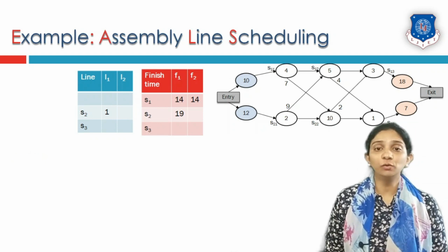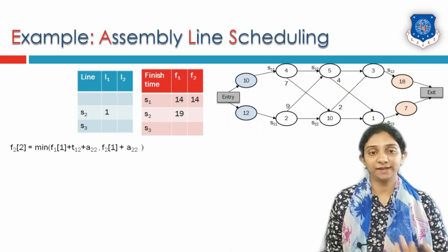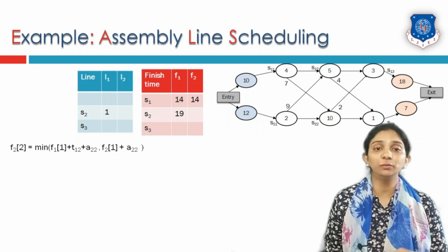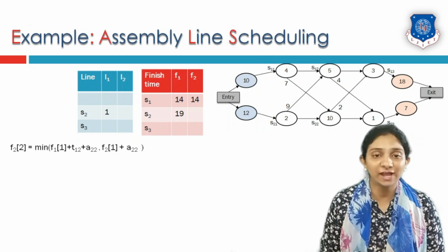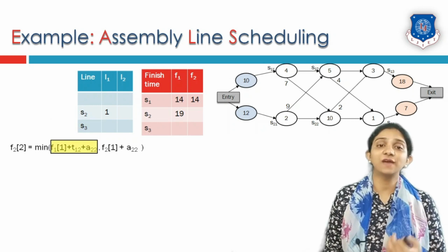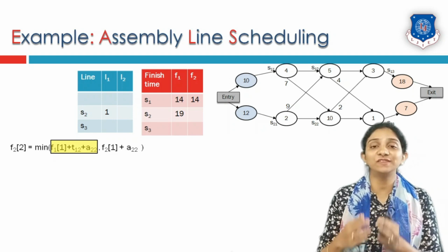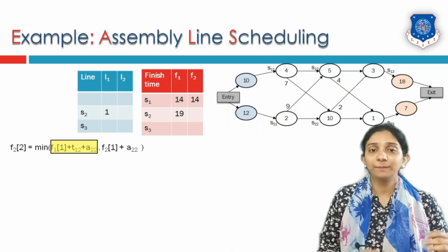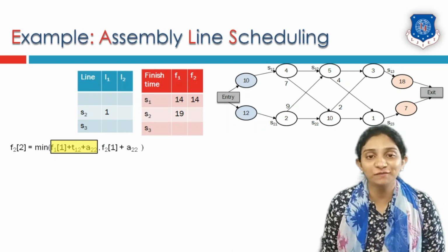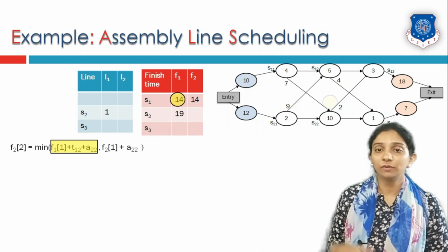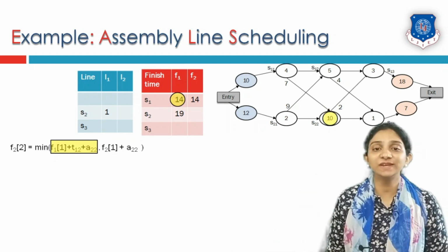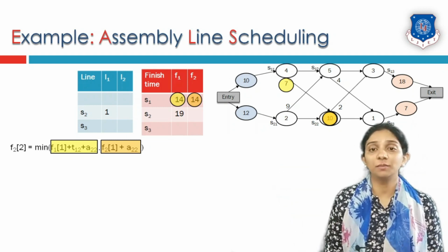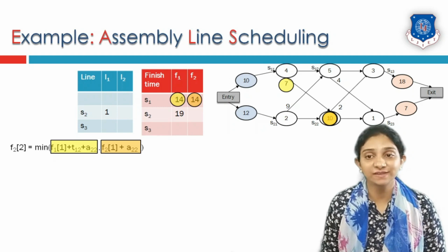Now the station 2 finish time at line 2, that is F2 of 2. Finish at line 2, station 2 is equal to the minimum of some value, comma, some value. Now what is this? This is F1 of 1, that is line 1 station 1 finish time, plus the transfer from line 1 to line 2, plus line 2 station 2's processing time. That is 14 plus the transfer value, which is 7, plus 10.